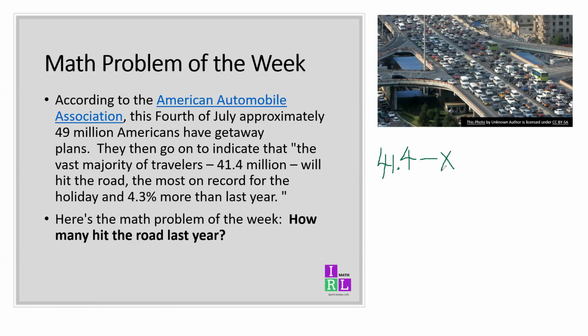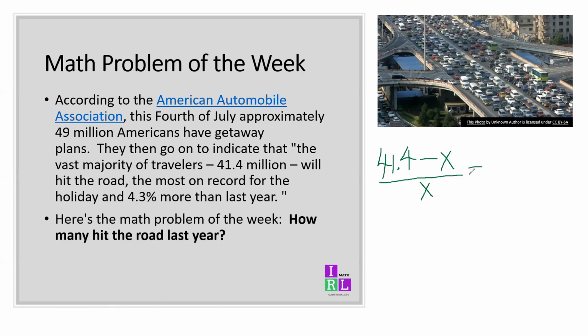So I'm going to say minus X. And since last year was the beginning number, we're also going to divide it by X. So I'm putting the value that was last year after the 41.4 because it is less than the current year where we are right now.